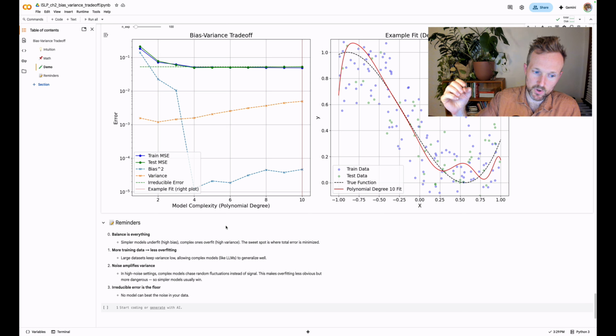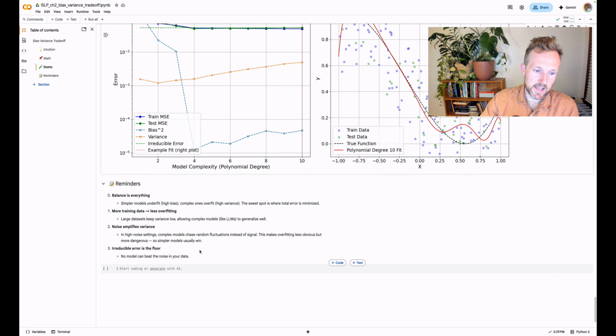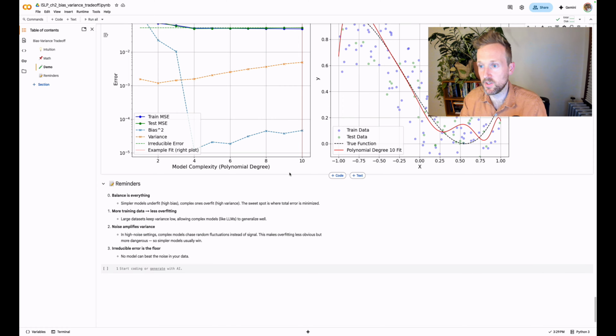So large data sets keep variance low, even with highly complex models, such as LLMs. And then noise amplifies variance. So in high noise settings, you want to basically default to simpler models. And then the last is that the irreducible error is the floor. You can't beat the noise intrinsic to your data.